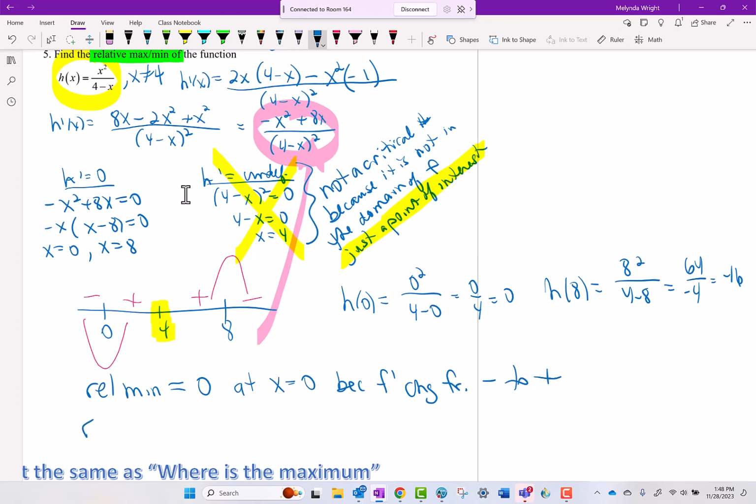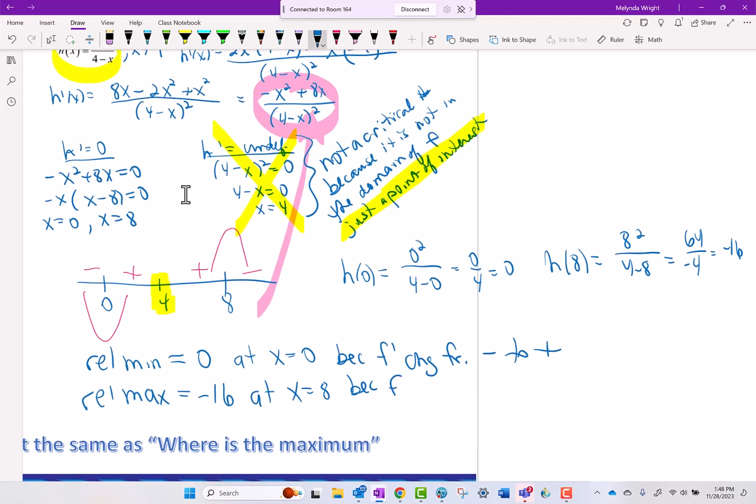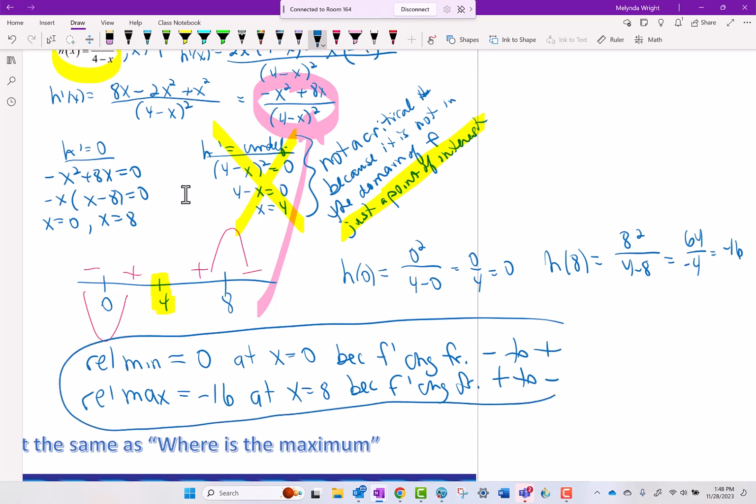So I have my relative max is -16. Notice how I'm telling them that the max is the y value, the min is the y value, but it occurs at x equals 8 because f prime changes from positive to negative. All right.